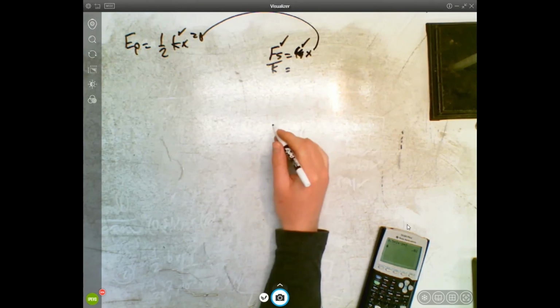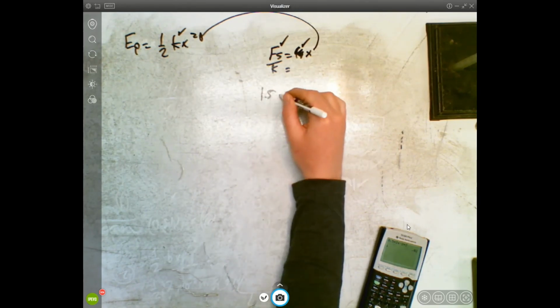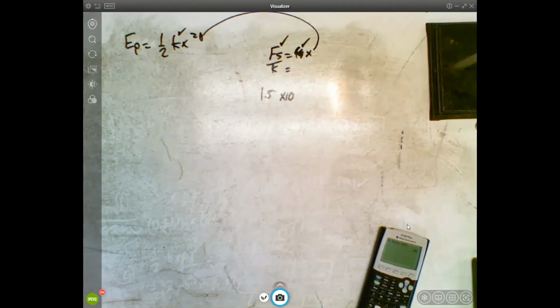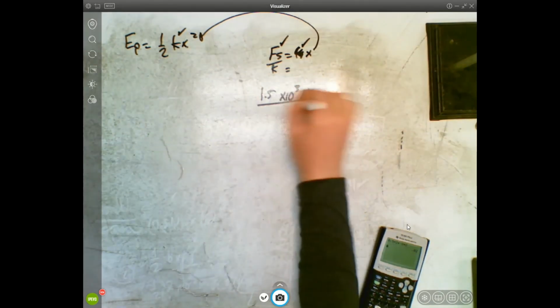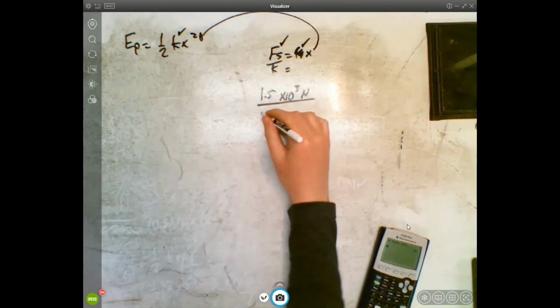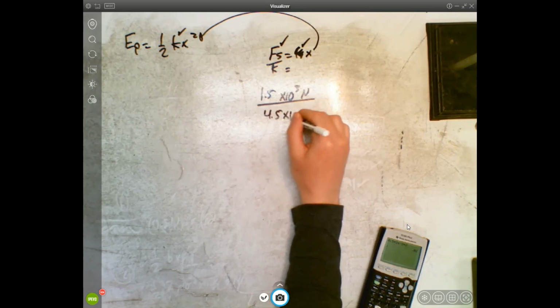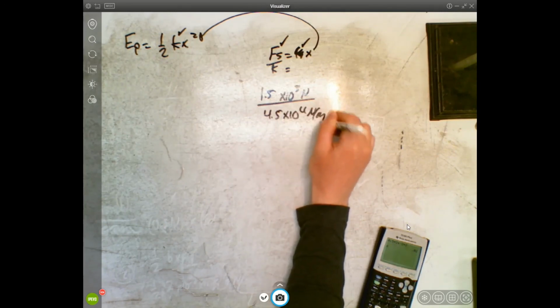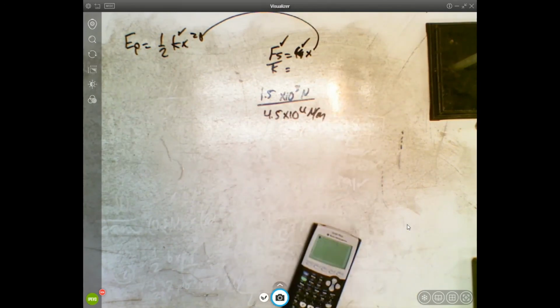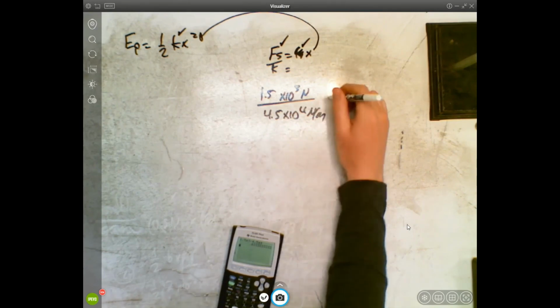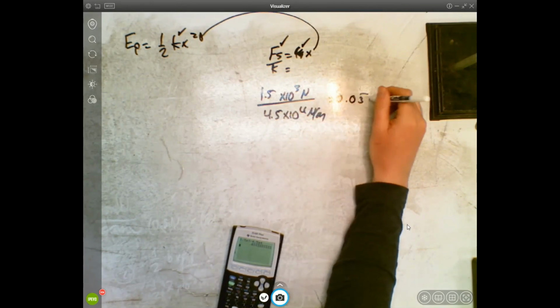My spring force is 1.5 times 10 to the 3 newtons, and my spring constant is 4.5 times 10 to the 4 newtons per meter. So 1.5 times 10 to the 3 divided by 4.5 times 10 to the 4, and I get 0.03 repeated meters.